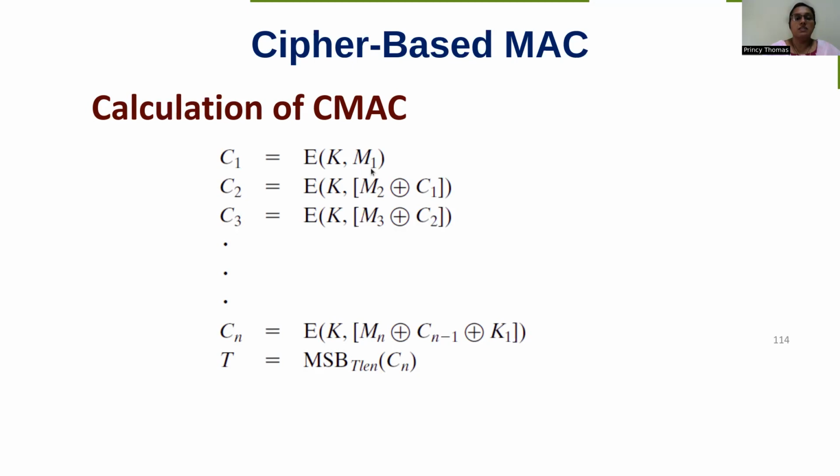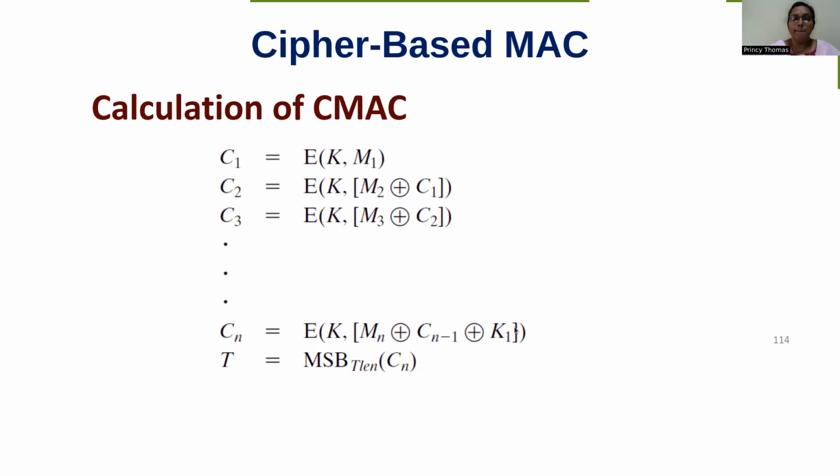Simple. The first block is encrypted using K. The second block is again encrypted using K, but the previous cipher is XORed with the second block and then encrypted with K. Each time the previous cipher is XORed with the next block and encrypted with K until C of N is equal to the nth block XORed with the previous cipher and XORed with K1, which we saw earlier is another key of n bits.